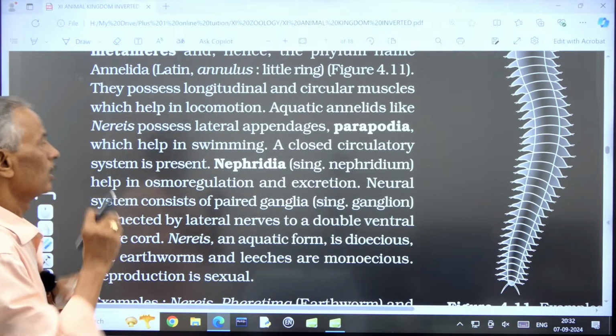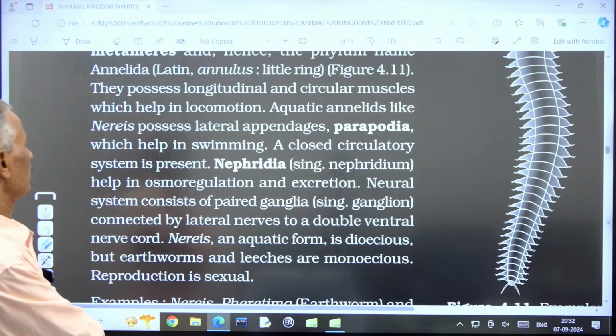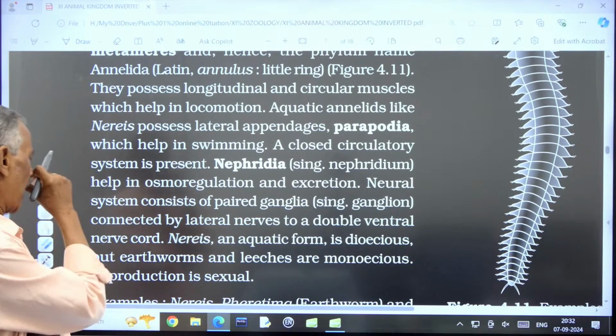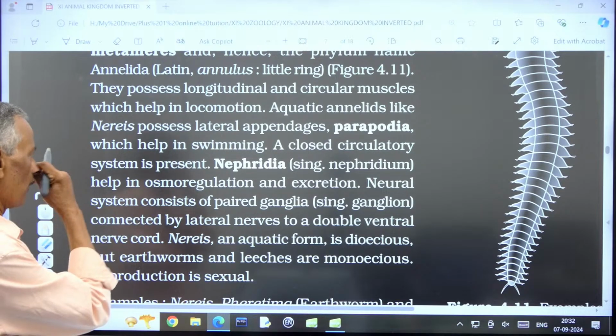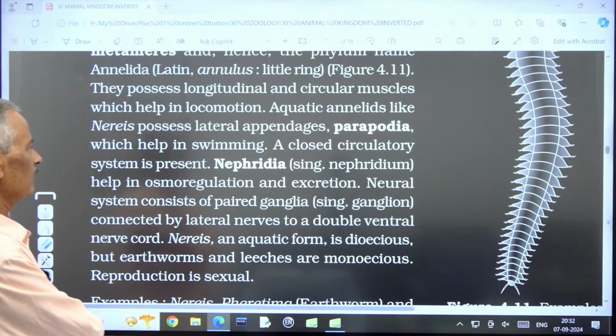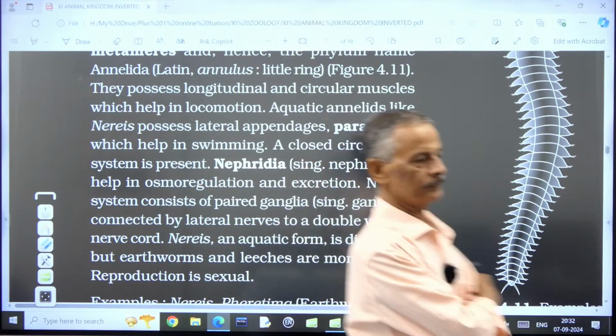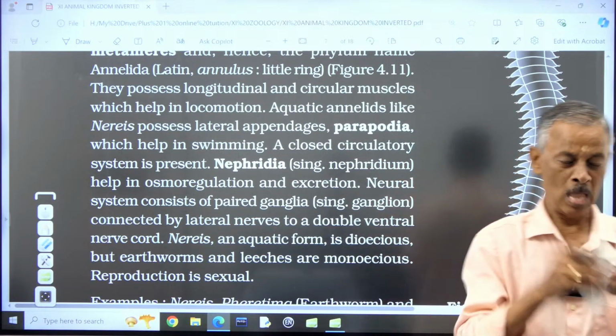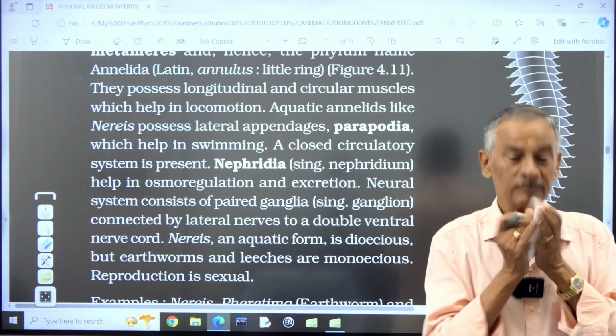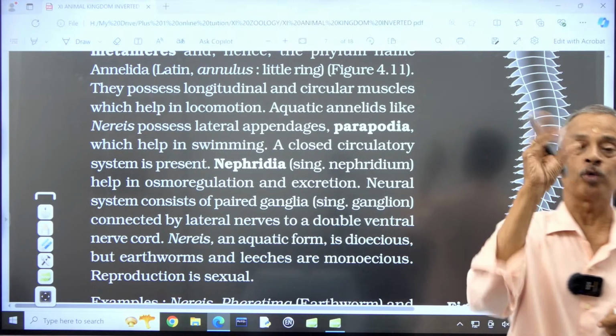ഉള്ളിലാണ് ബ്ലഡ് ഒഴുകുന്നത്. Nephridia help in osmoregulation and excretion, and nervous system consisting of paired ganglia. എന്താണ് ഗാംഗ്ലിയ എന്ന് വെച്ചാൽ nerve സെല്ലുകളുടെ കൂട്ടം.